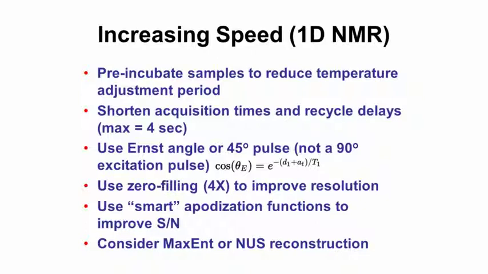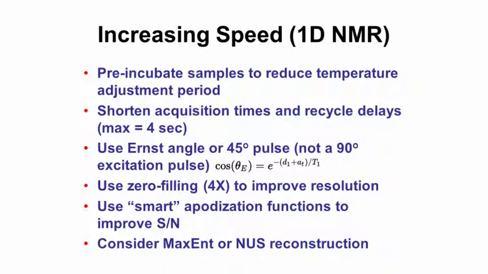You can also have a pre-warming stage in your SampleJet system, and that will get the temperature to exactly the right temperature so that the sample can be shot straight in, and there's no waiting. So that helps improve the speed of sample acquisition. You can try and shorten your acquisition times and recycle delays. Obviously, the reference libraries have to be adjusted to that, but it is possible.